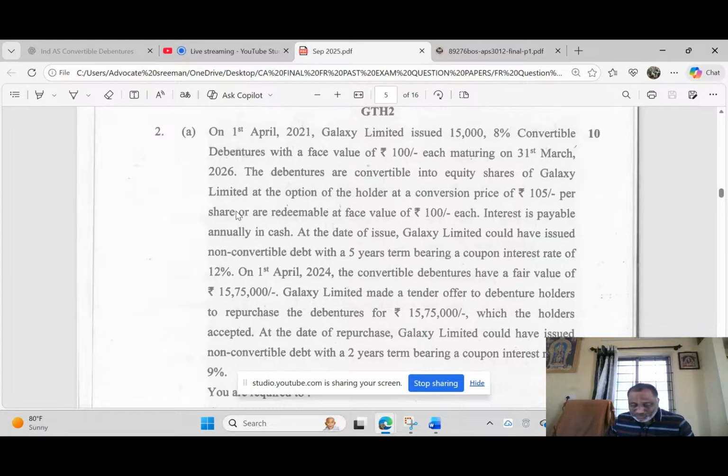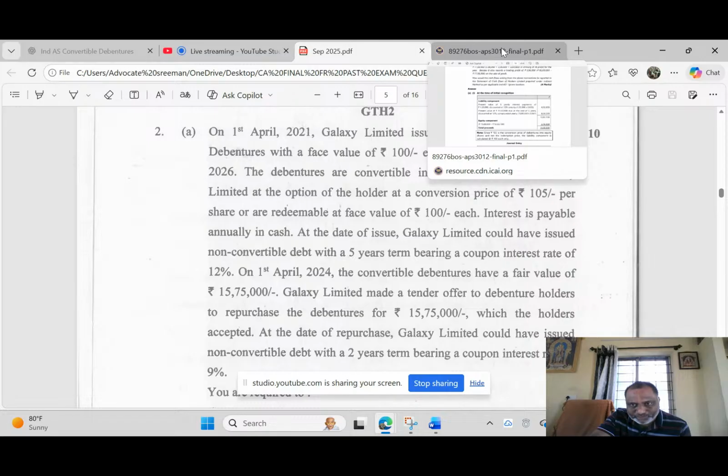Now my total liability component, interest plus principal, is 4,32,480 plus 8,50,500, which is 12,83,340. This is what I did as of now. Let's see what happened next.